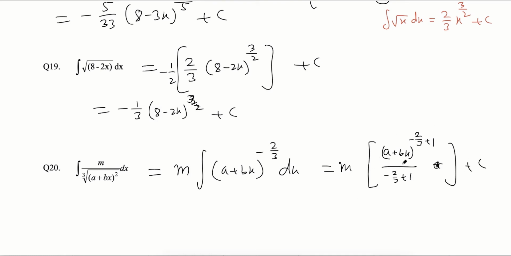Whole divided by the coefficient of x, that is b. Am I right? Because this is not x. So finally it will look something like this: 3 will go to 1 by 3, 1 by 3 will go, 3m by b into a plus bx raised power 1 by 3 plus c. This will be your answer. I'm sure it's clear to everybody.